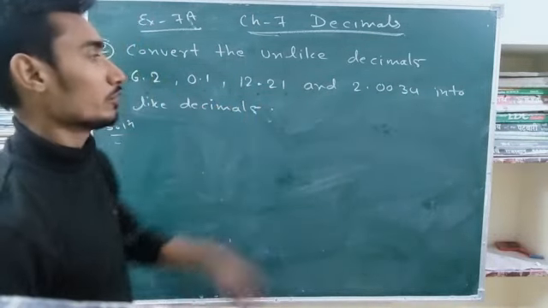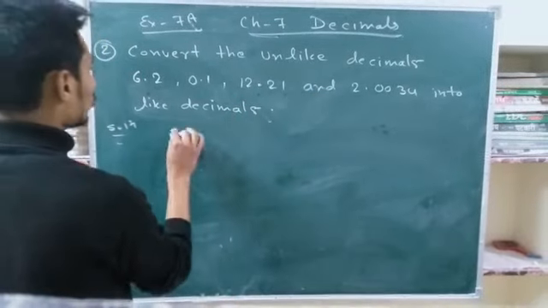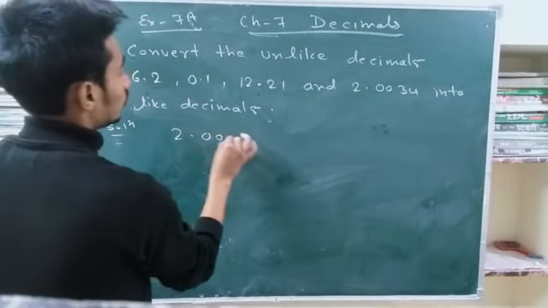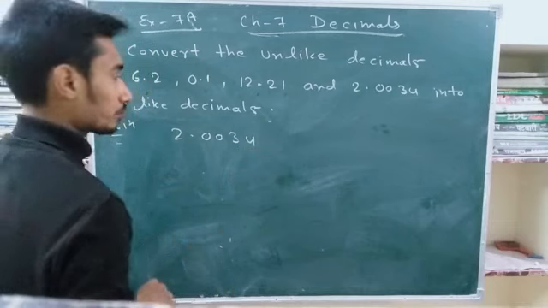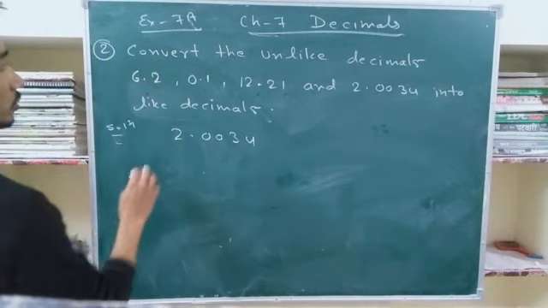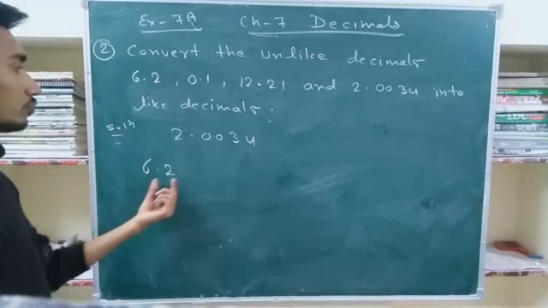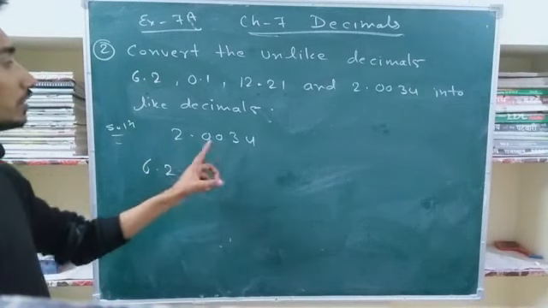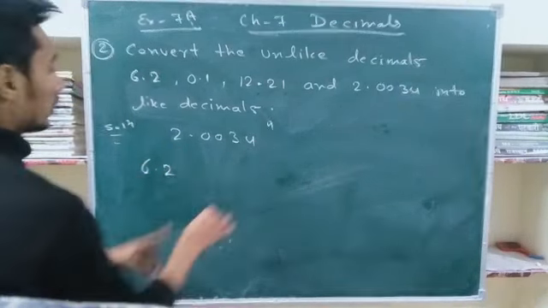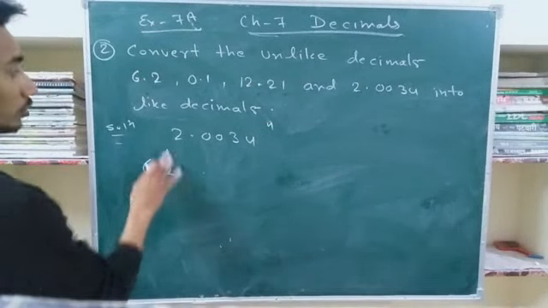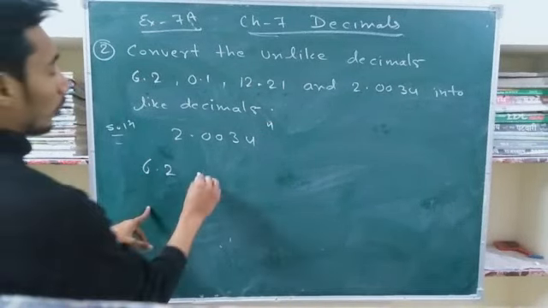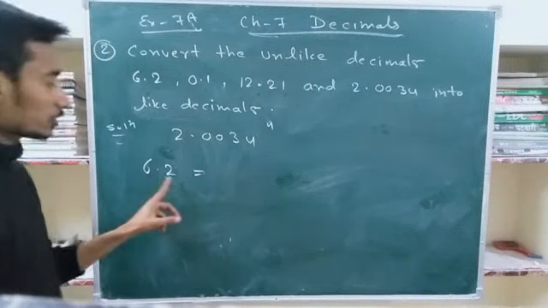Okay, how do we do this? First is given 2.0034. Now the second is 6.2. These are unlike, because here there are 1, 2, 3, 4 numbers and here there is only one number. So what can you write? 6.2.